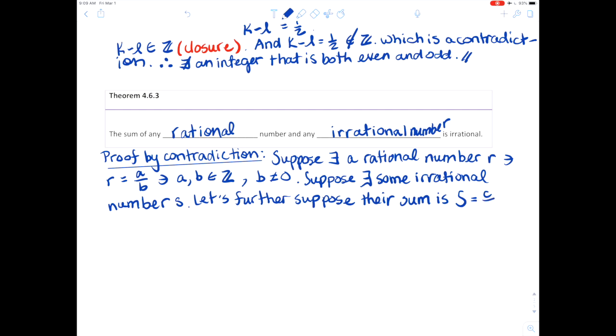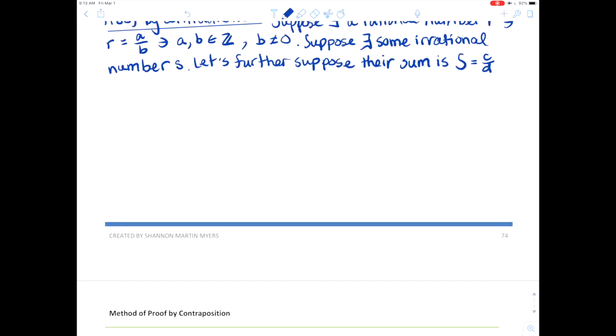Beautiful. Maybe C over D, such that C and D belong to the integers, and what has to also be true? Good, D is not equal to 0.